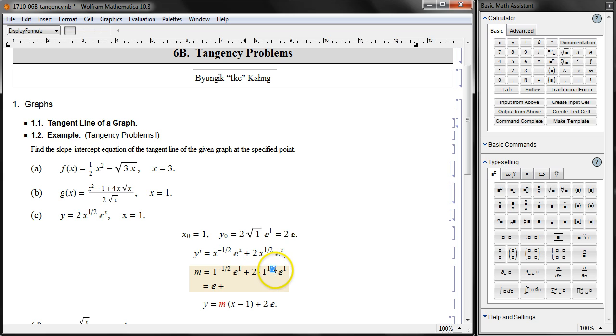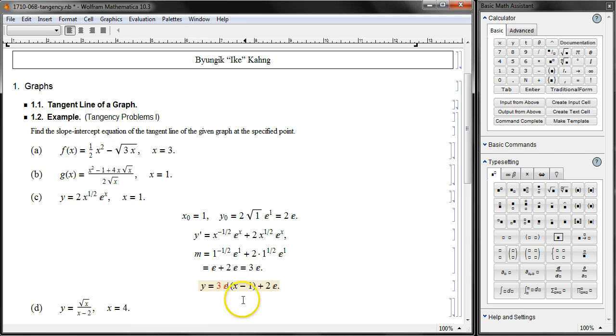And then this is just 1, so 2e, so we have 3e. So m is 3e. So that's the quantity that'll replace m here.